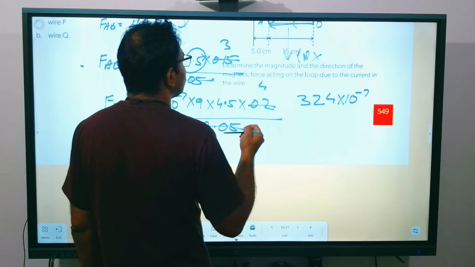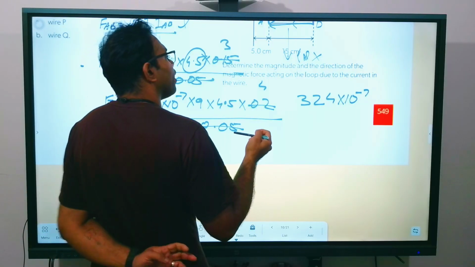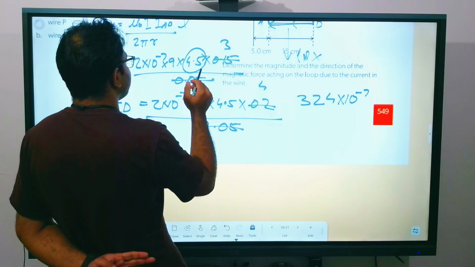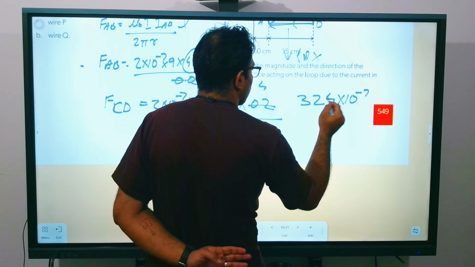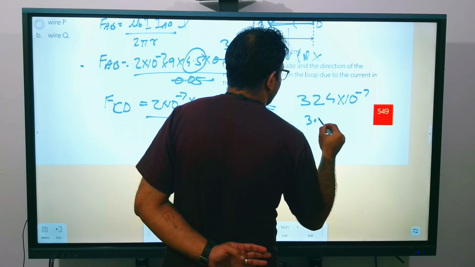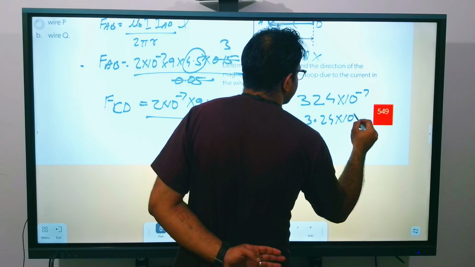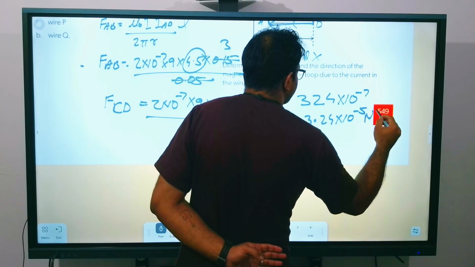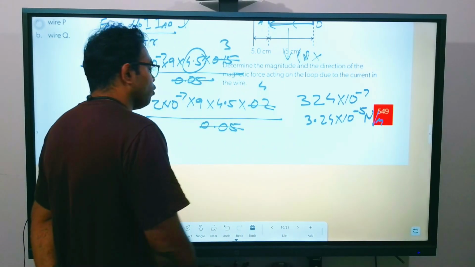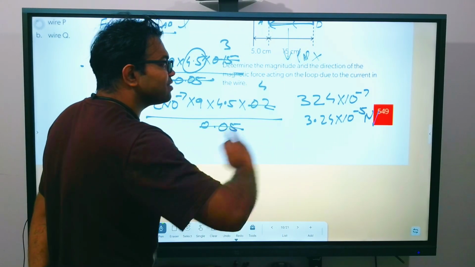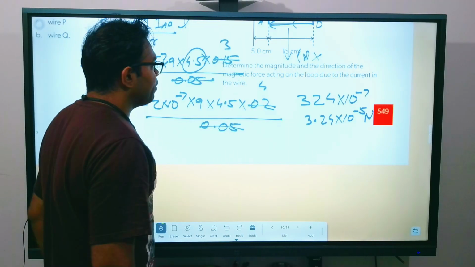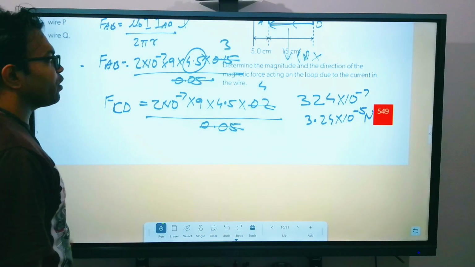Understood? So 324 into 10 to the power of minus 7 for this one, or you will get 3.24 into 10 to the power of minus 5 newtons per meter. No, not newtons per meter, just simply newtons, because we have calculated the force, not the force per unit length.